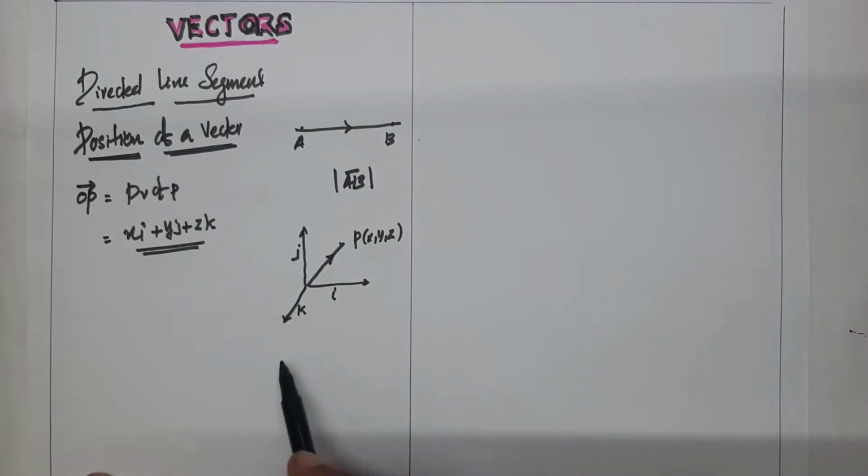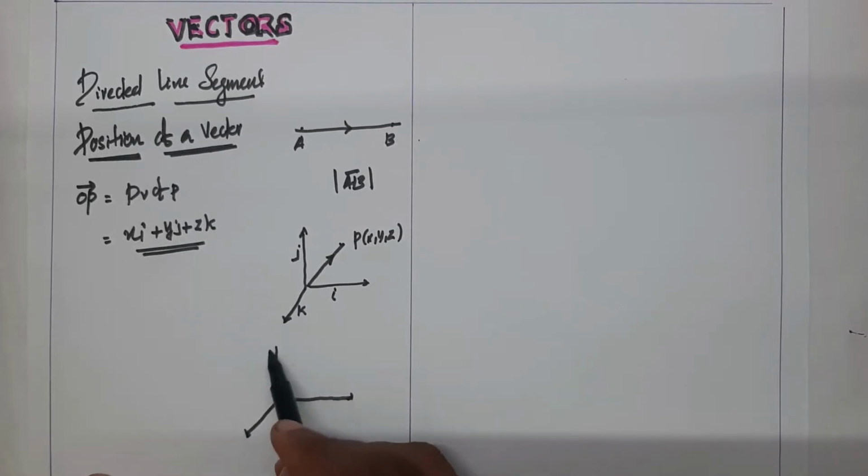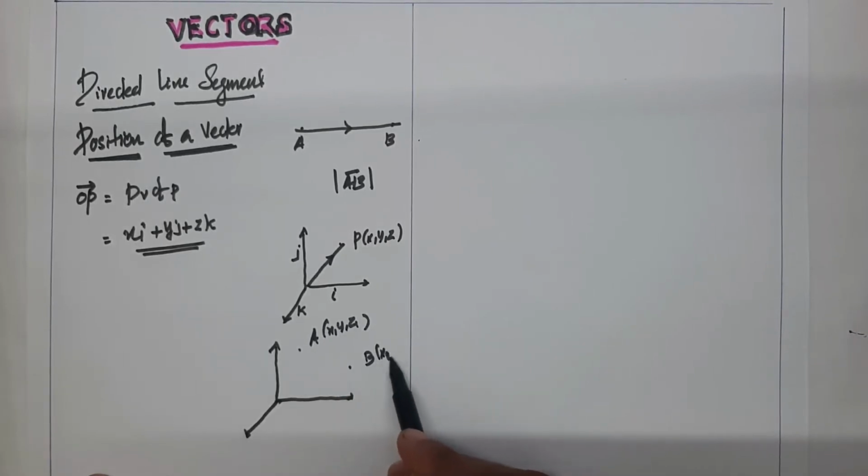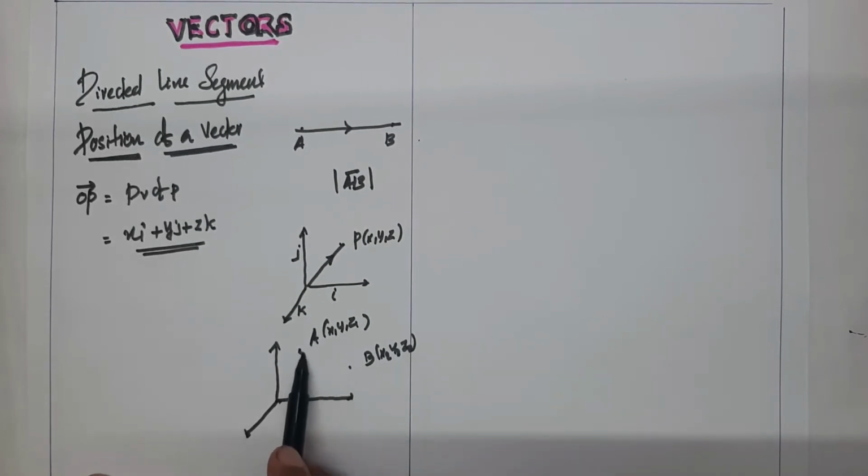Okay. Now we take A and B as two points in space. Suppose the coordinates of A are x1, y1, z1 and the coordinates of B are x2, y2, z2. Then how do we define vector AB?